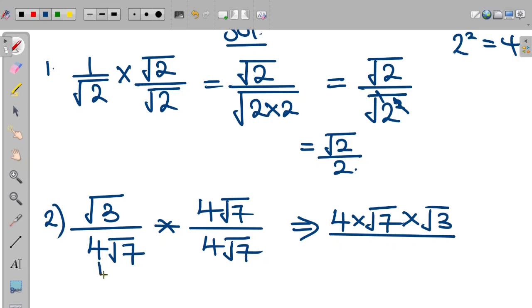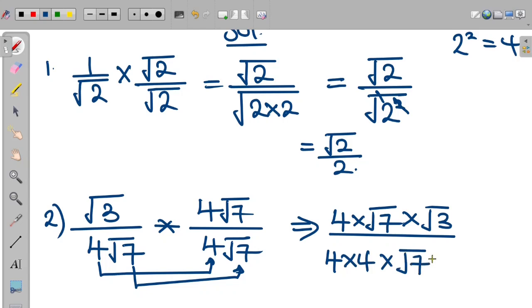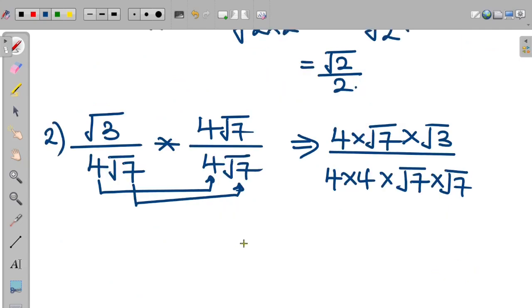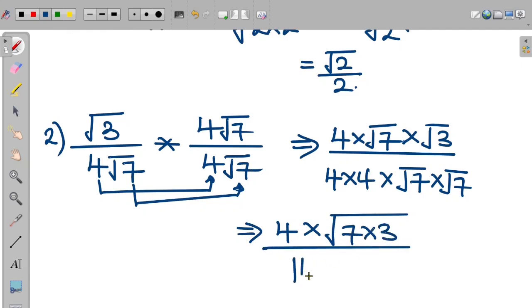So the integers are going to multiply and then the radicals are going to multiply. So we have 4 times 4 multiplied by root 7 times root 7. Now from the roots of the surd, this becomes 4 multiplied by root of 7 times 3, divided by 16 multiplied by root of 7 times 7.